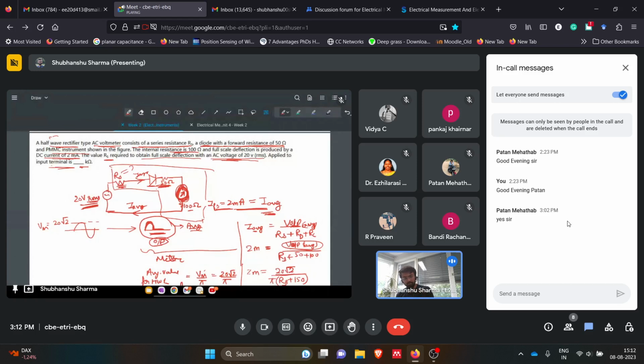So in this case they use one diode with a 50 ohm forward bias resistance, connected in series with this PMMC meter, so as to make the signal half wave rectified. Till this point I think this is fine. Now they are saying the internal resistance of this PMMC meter is 100 ohms, and full scale deflection is produced by a DC current of 2 milliampere.